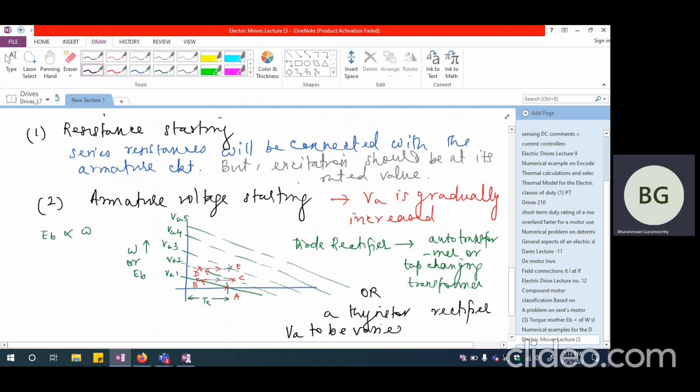So the armature voltage will be varied based on either a diode rectifier with an auto transformer or a thyristor rectifier with varying firing angle. So that is going to slowly change the armature voltage so that your machine is able to accelerate at a slow pace without the current exceeding whatever is the limit that is generally withstood by the commutator and brush assembly.